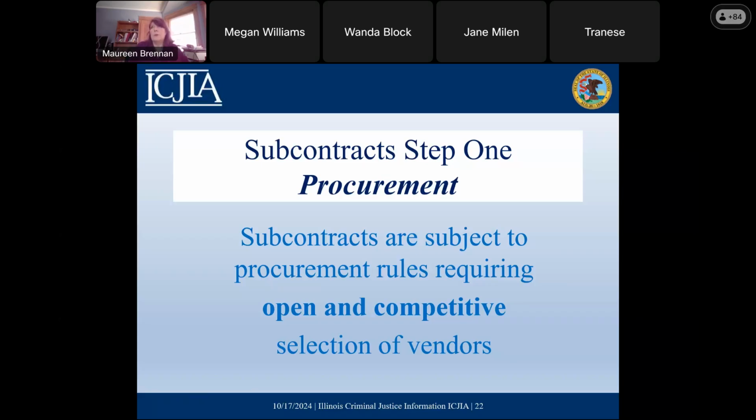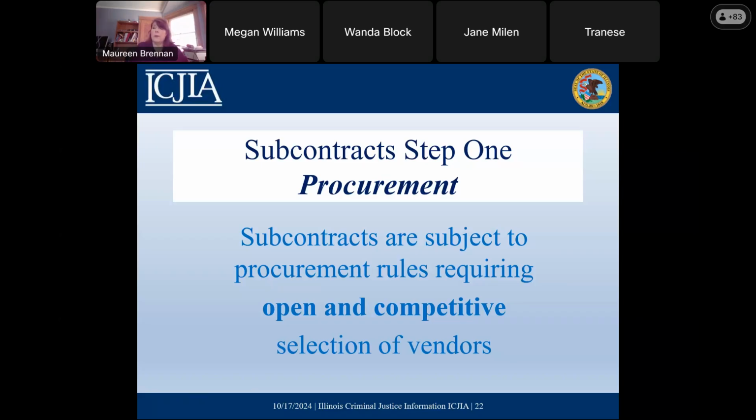And the difference too, this is a really important difference, because the paperwork and the approval process for subcontracts and for subawards are really different. Subawards are a bigger administrative lift for grantees, because you're actually going to have to oversee the work of that agency's program, right?